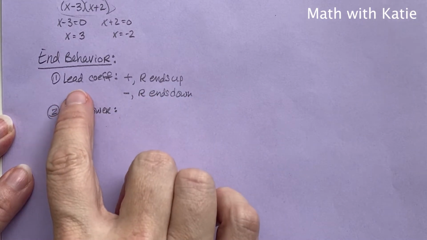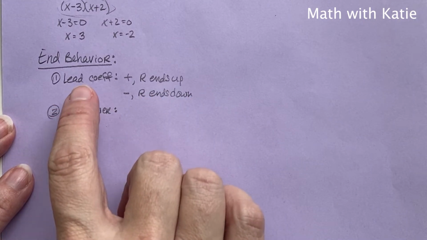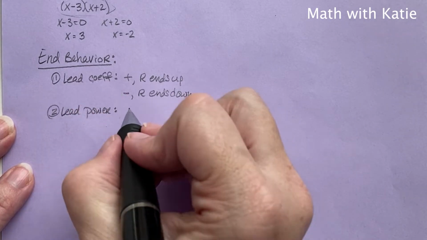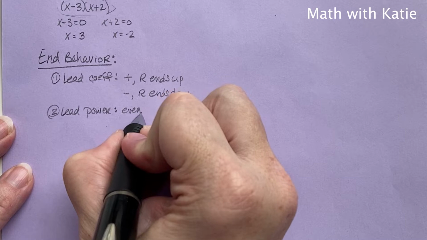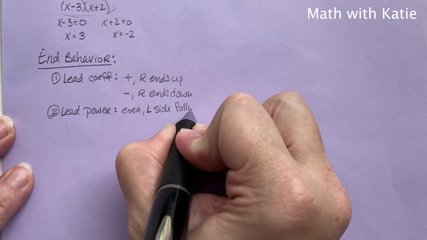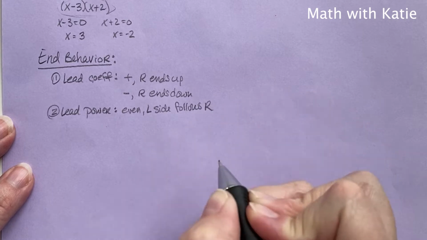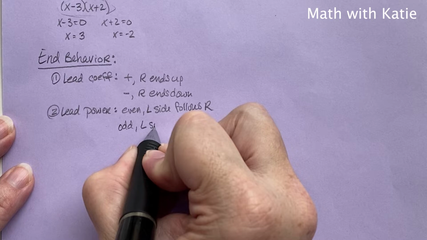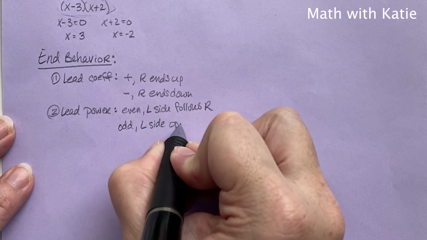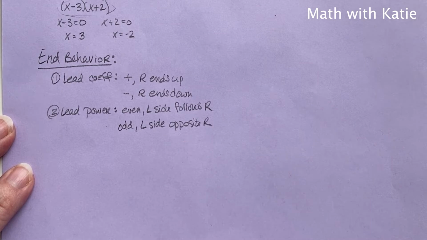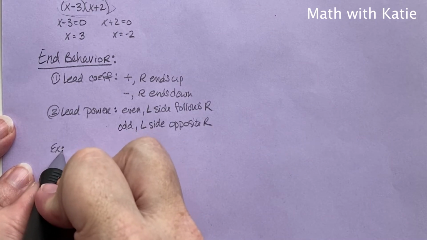Oh, and one thing, the lead coefficient is always with the variable that has the highest power, your lead power. If it is even, the left side follows the right side. And if it's odd, you guessed it, left side is opposite the right side.